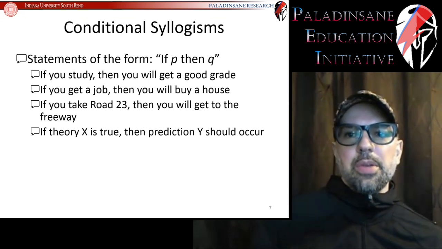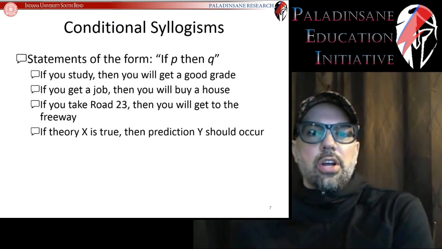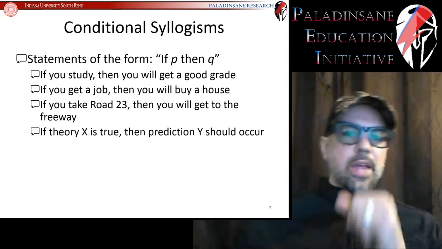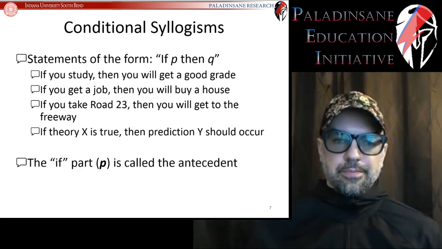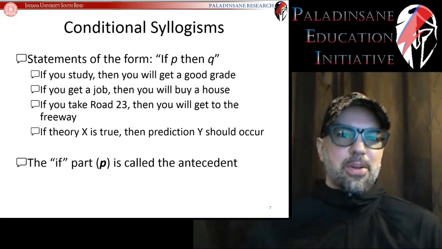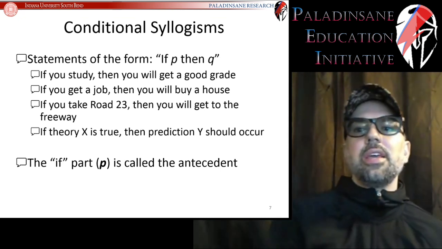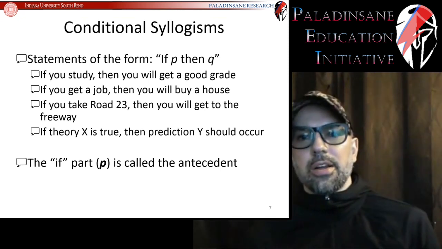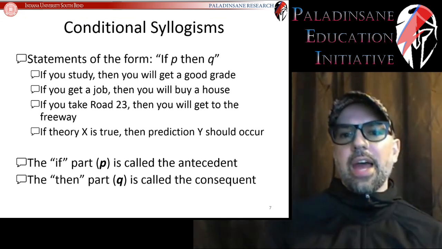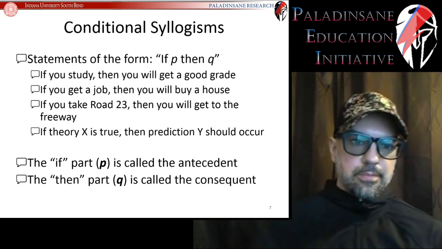Theory X is true is the P portion. Prediction Y should occur is the Q portion. So that if portion, that P portion that I kept calling it, the fancy name for that is the antecedent. The Q portion, or the then part of the argument, the fancy name for that is the consequent.